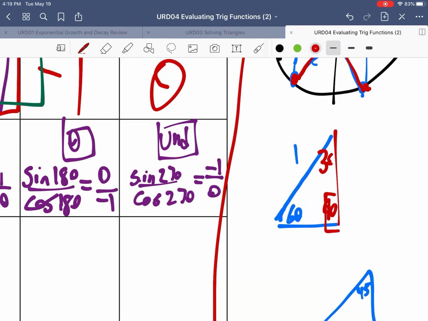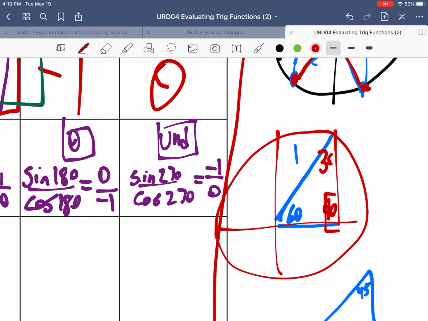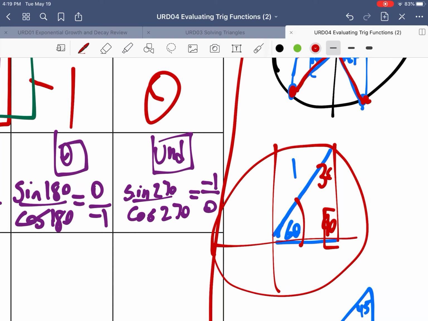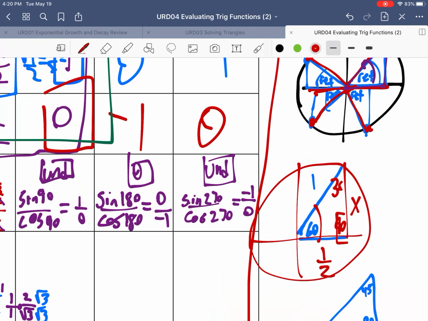And I'm going to erase the right side of the triangle. And then I'm going to put this inside of a unit circle. So this is now a 60-degree reference angle. This side measures a half because I split the triangle in half. And if I make this x, if we were to solve for the missing side, this would be radical 3 over 2 if I use the Pythagorean theorem.